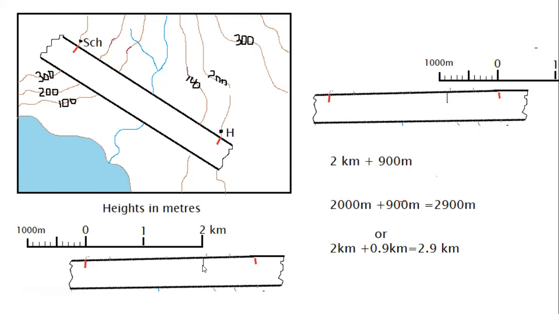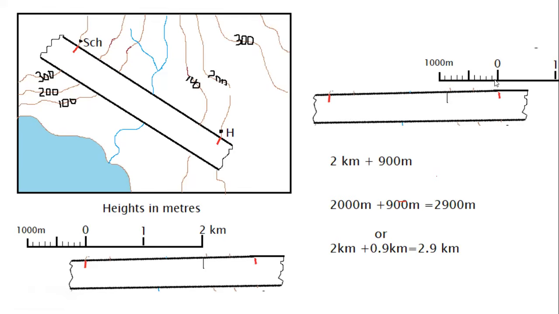So we mark off the point where the 2 kilometers reach on the paper, and then we're going to take our paper because we need to find this part of it, this length. We want to place it against the fractional part of the scale, which I'm showing over here.